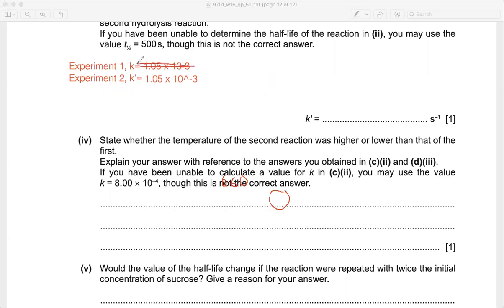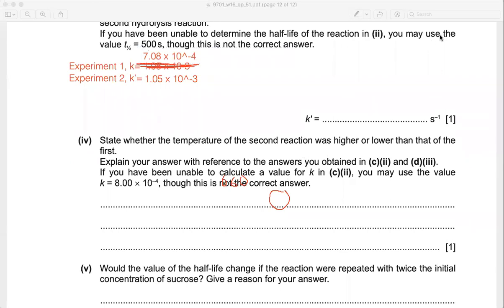Okay, so I'll cancel that. Ignore that number. So the K from the first experiment is 7.08 times 10 to the power of minus 4. So you can see that in the first experiment, your K is a much smaller number. In your second experiment, your K is a bigger number, okay?